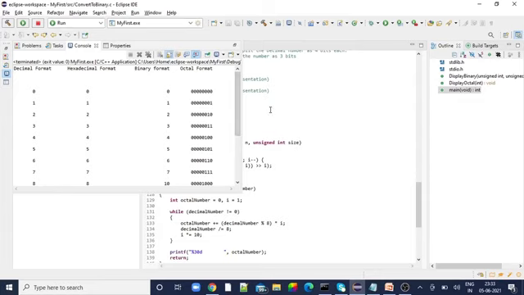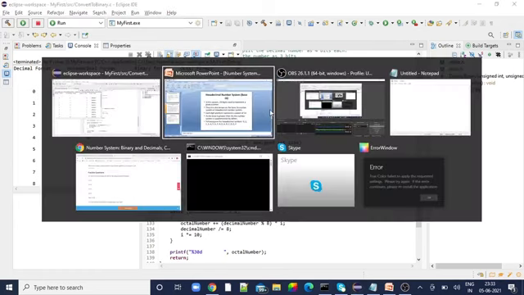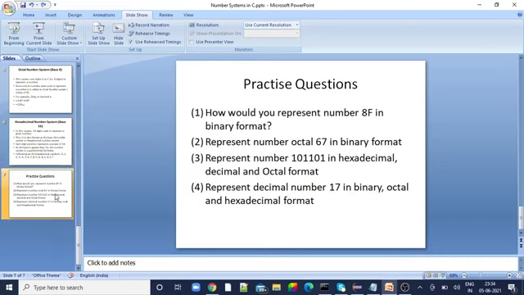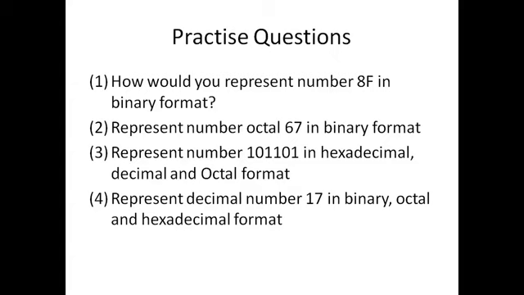In order for you to have a quick hands-on with these number systems, I've prepared some assignment questions which you can go through, and you can post your answers in the comment box, and we'll verify. How would you represent the number 8F in binary format?